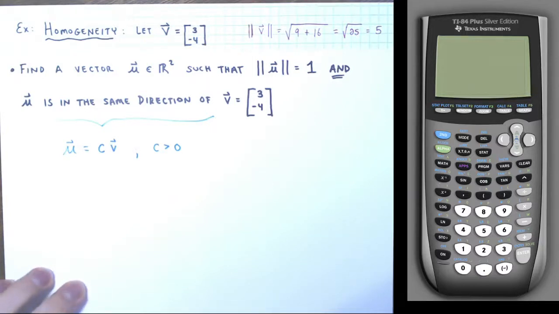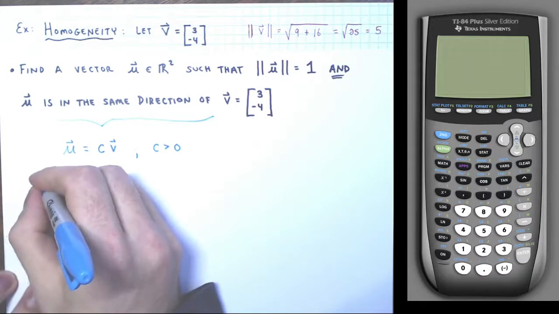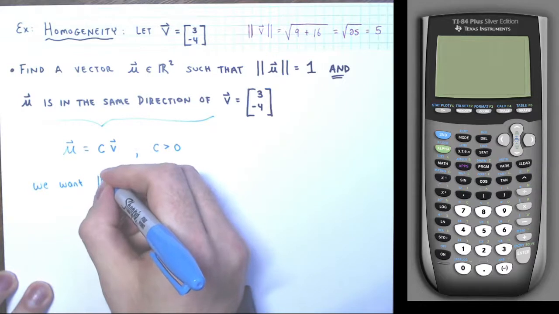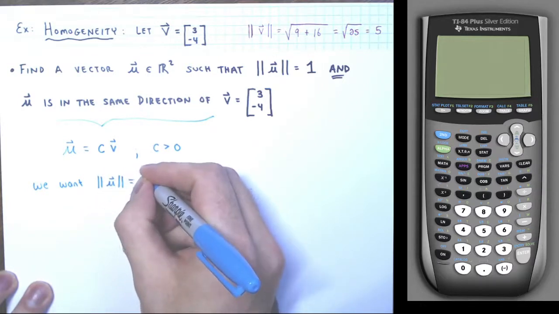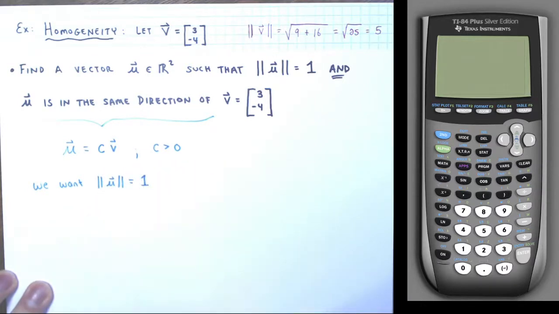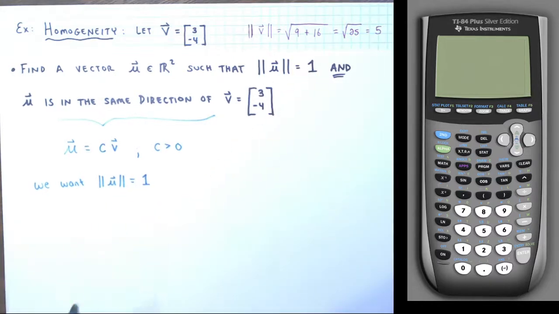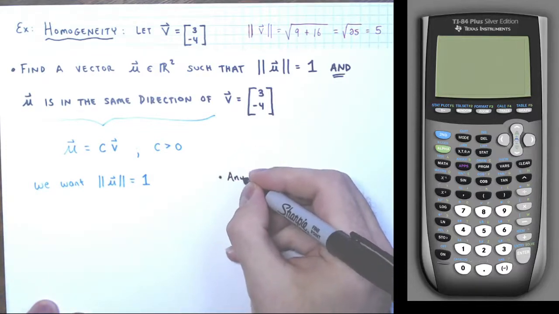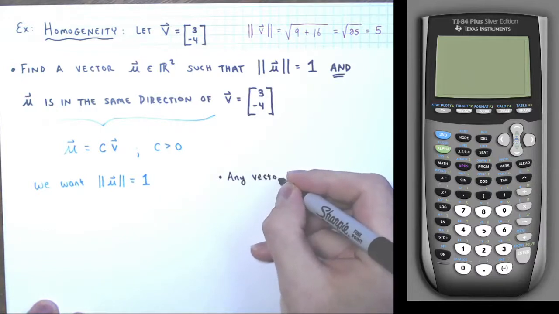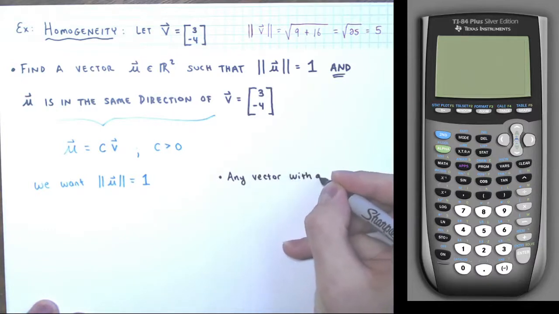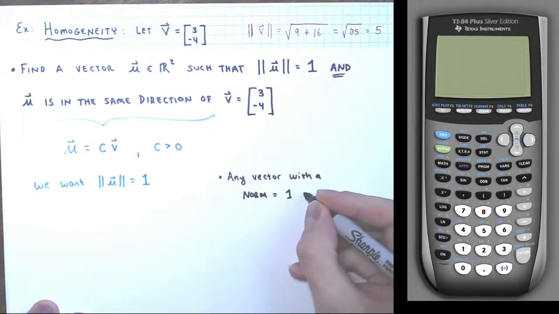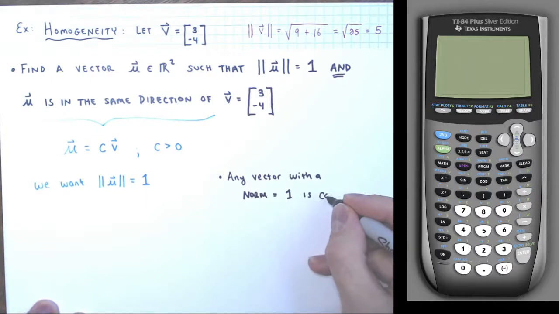And we want the norm of u to be equal to 1. Any vector with a norm equal to 1 is called a unit vector.